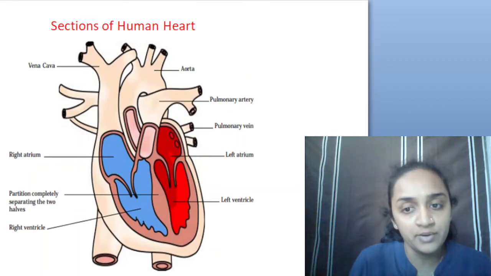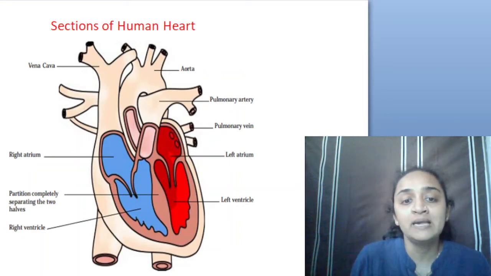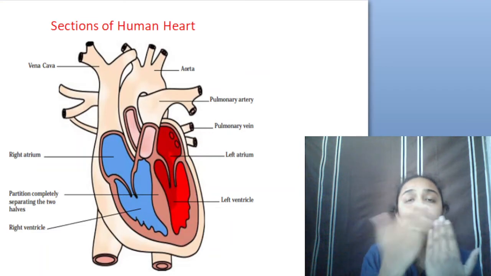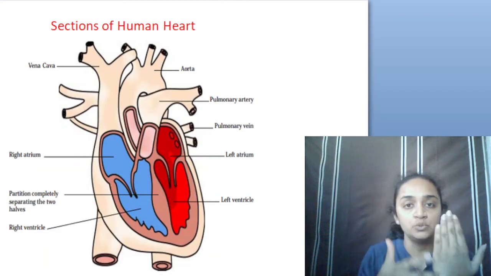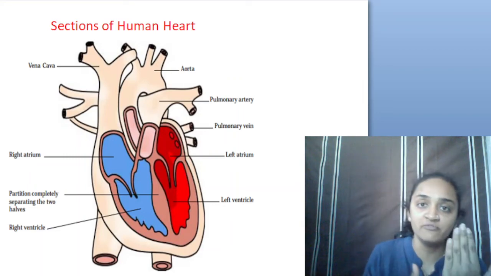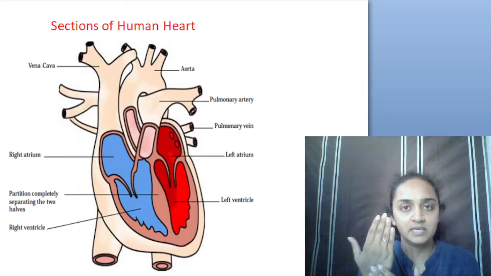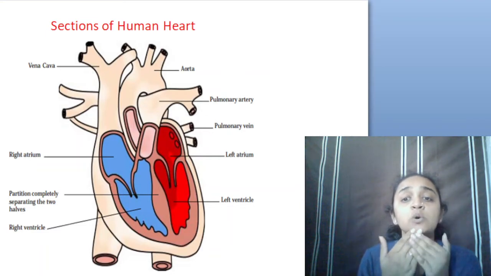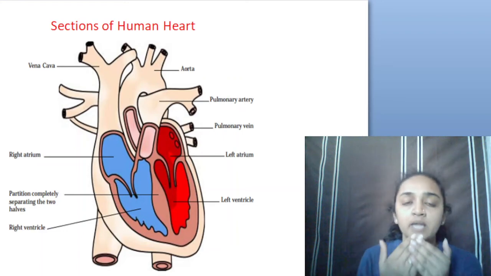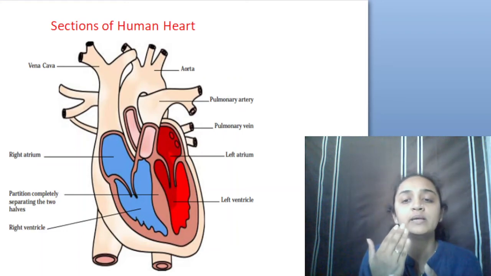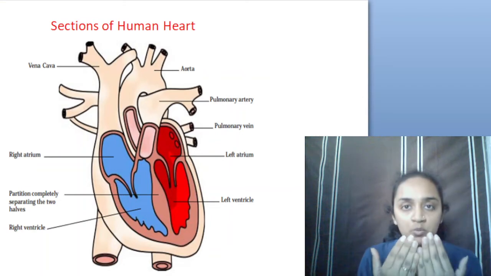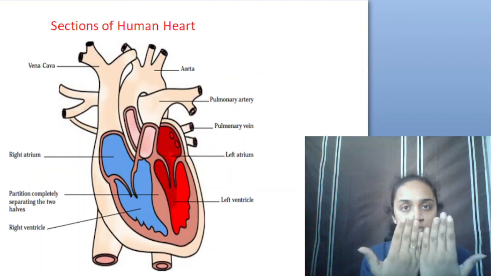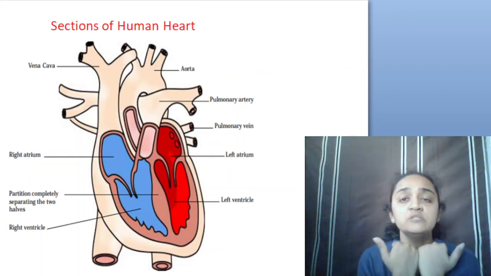You can see in the diagram that a left and a right part is present, meaning 2 sections on the left side and 2 sections on the right side. The upper two parts are called atrium and the lower two parts are called ventricle.